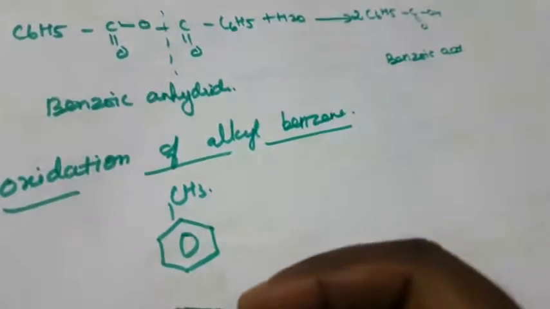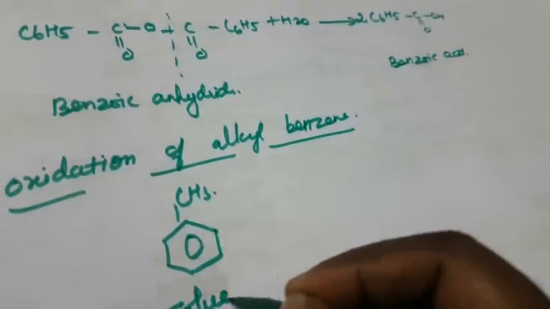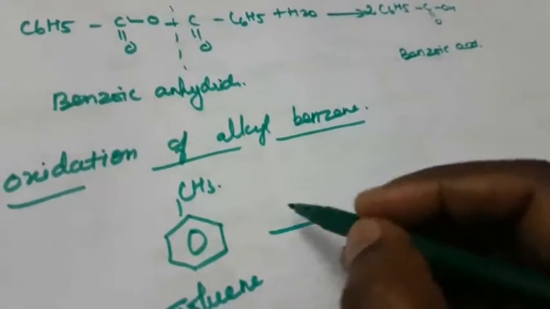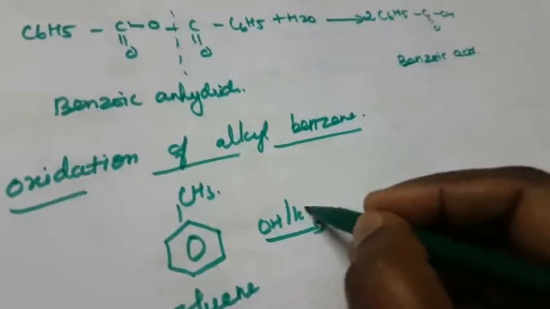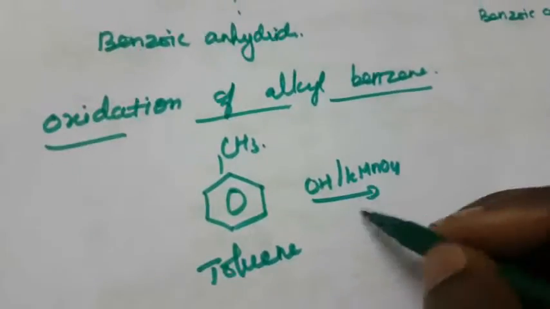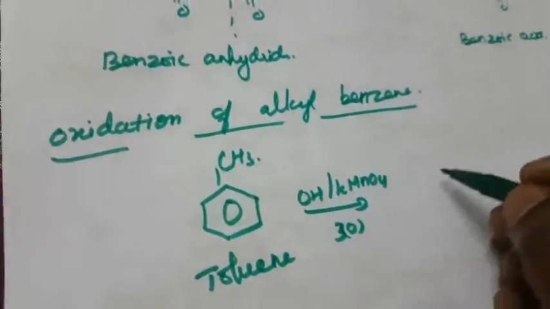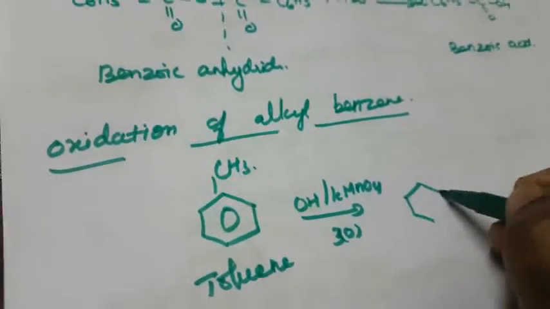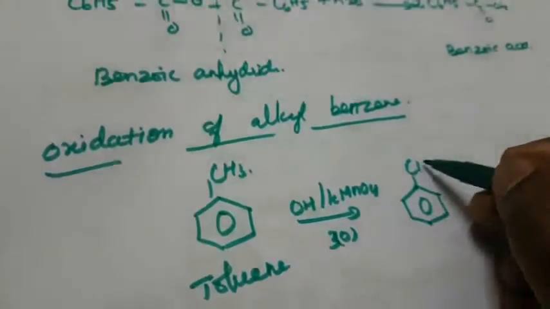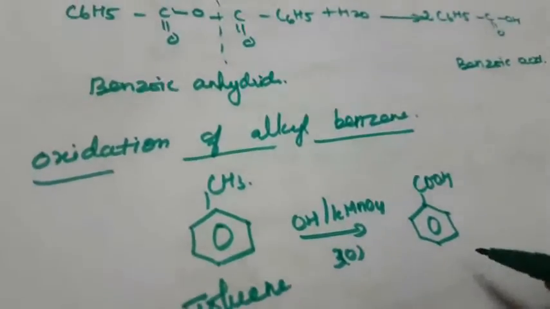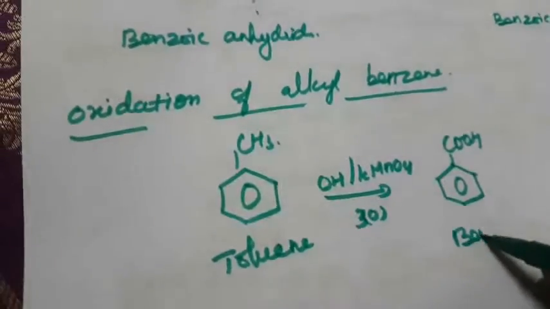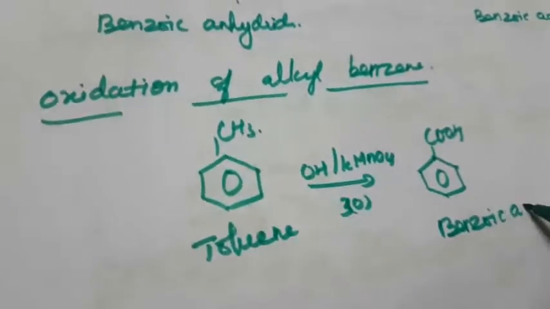CH3. That is the compound called toluene. On oxidation with KMnO4 in the presence of oxidation, it forms benzoic acid. The compound is called benzoic acid.